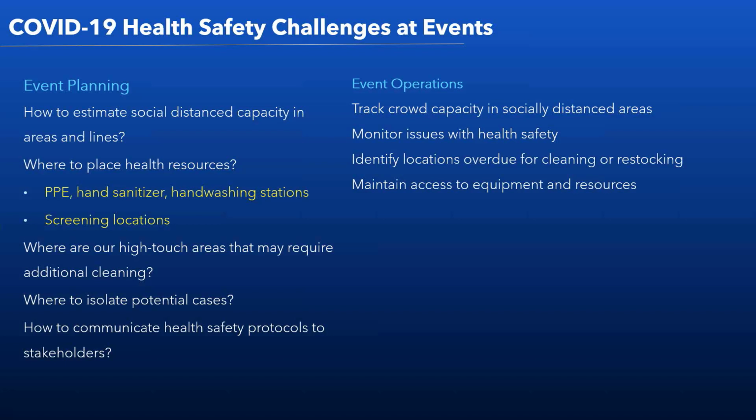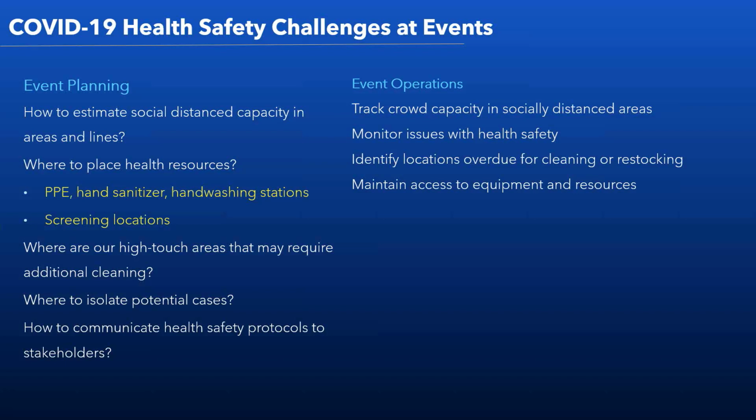Where are those high-touch areas that may require additional cleaning during the event? And also, where do we isolate potentially sick people during the event? We need to plan for that. And also, how do we communicate all of this information, the protocols that are going to be needed for that event, to our health and safety professionals?